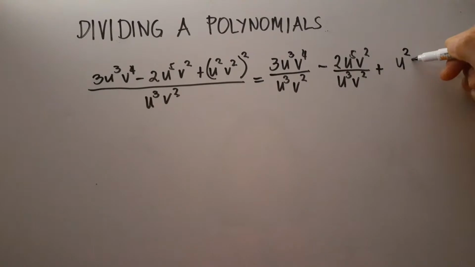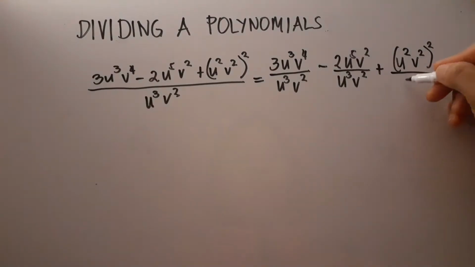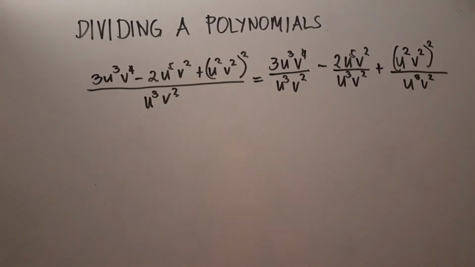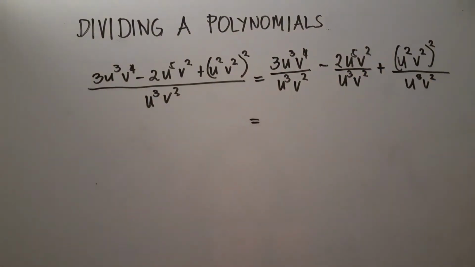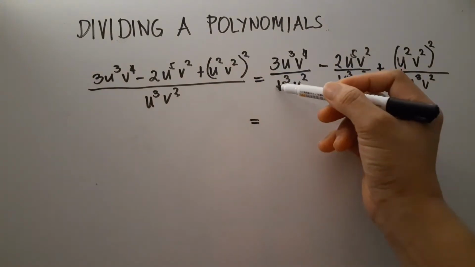the quantity u squared b squared raised to the power of 2 over u cubed b squared. And then let's do the division process. 3 divided by 1 becomes 3.